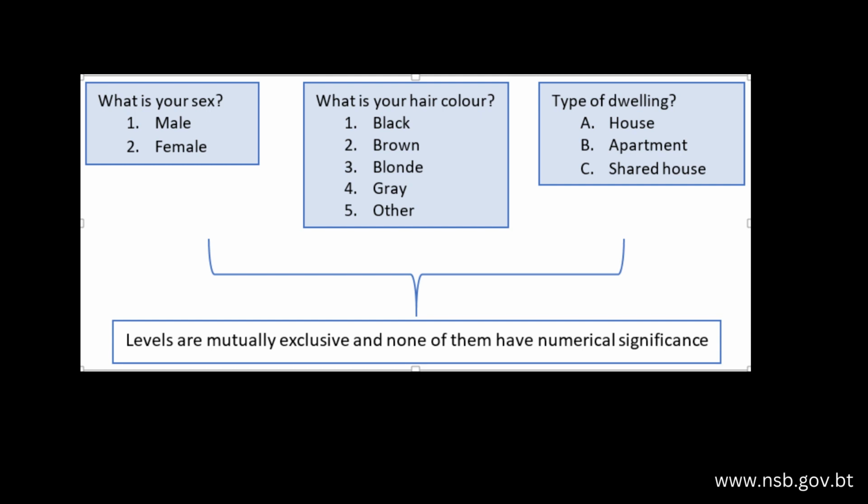To further elaborate, the variable sex is nominal because there is no order in the levels between male and female, meaning the levels are unordered. If a qualitative variable has exactly two levels, it is referred to as a binary or dichotomous variable.